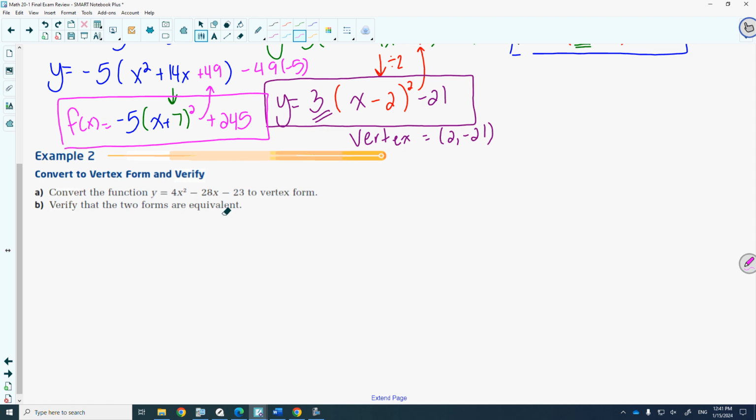Do this one quickly. So y is equal to 4x squared minus 28x minus 23. To vertex form, it won't ask you to verify, but plug it into your calculator into y1 and y2, and you're going to graphically verify.